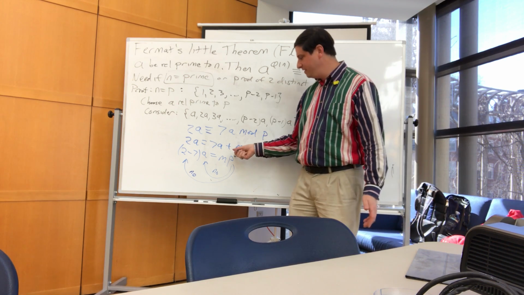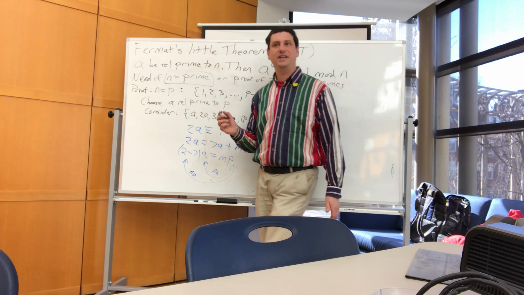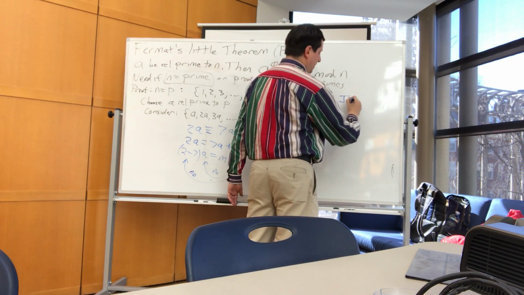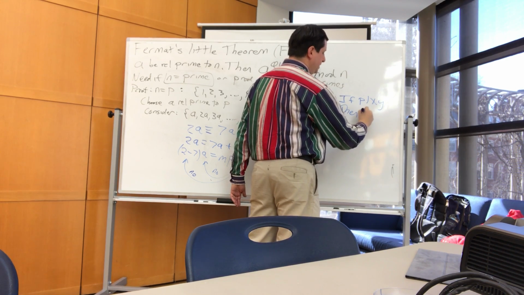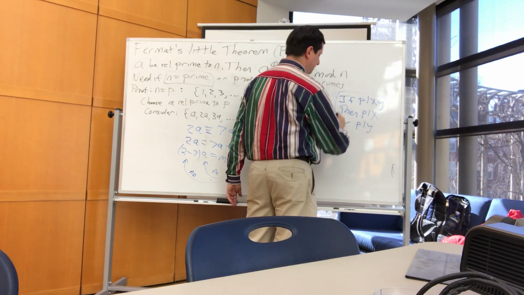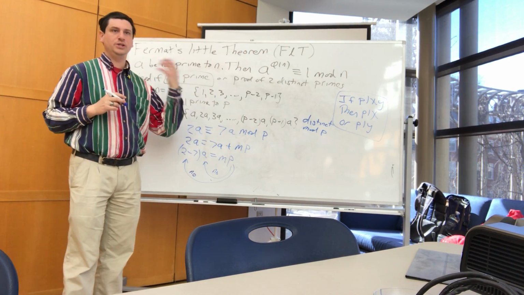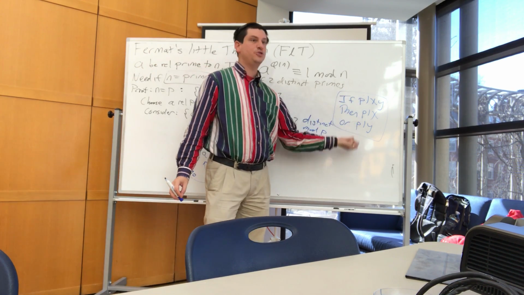So we need: if P divides xy, then P divides x or P divides y. I'm not going to prove that. I will give you a little handout on that afterwards if you're interested. It turns out this is non-trivial to prove.